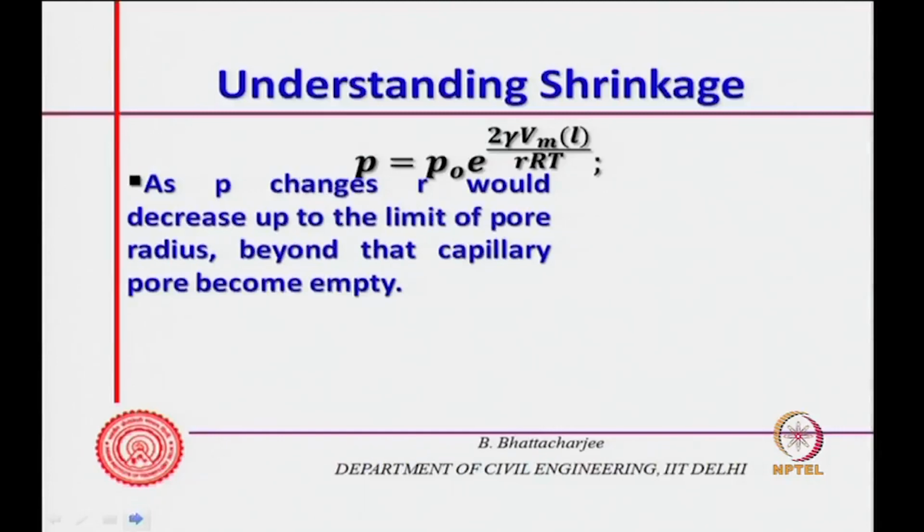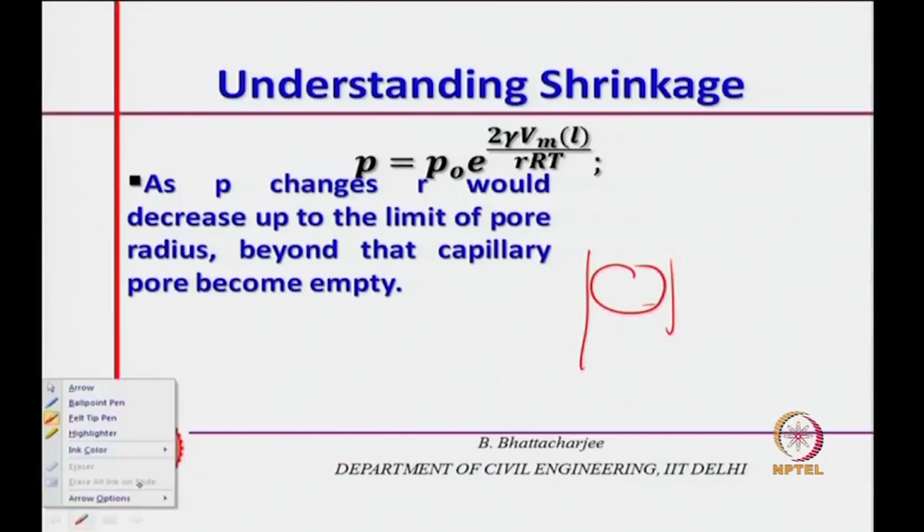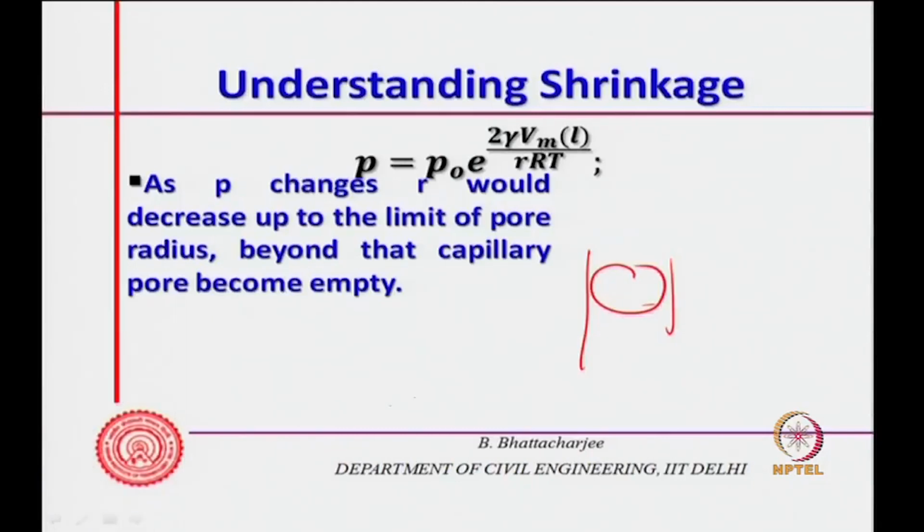Now, as p changes, r would decrease, up to the limit of the pore radius, because r cannot be smaller than this. So, r changes up to the pore radius, and correspondingly p changes as well.